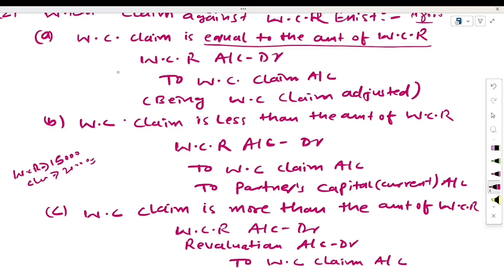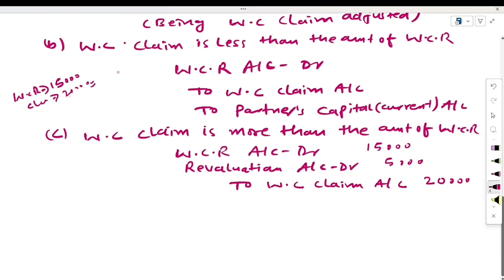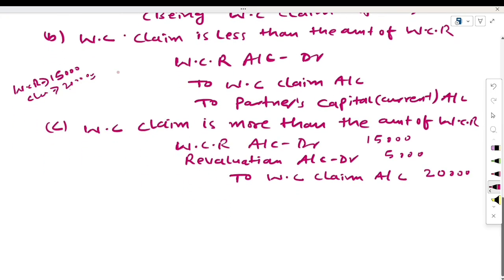Suppose your reserve balance was 15,000 and your claim balance is 20,000. Then 5,000 will be written as a revaluation account. And if the revaluation account is debit, it will be distributed among the partners as a loss.